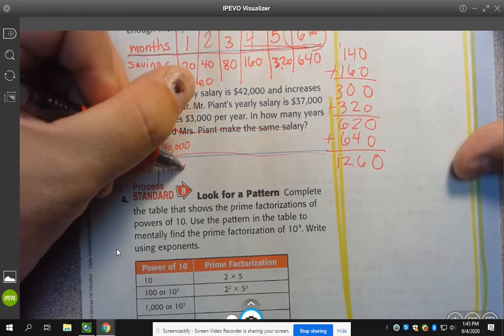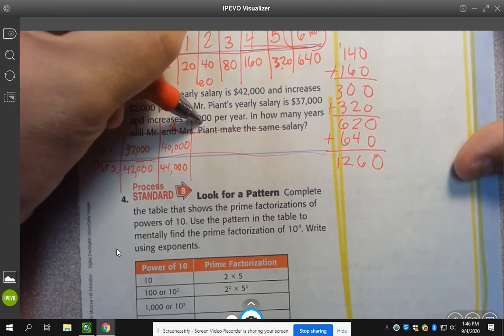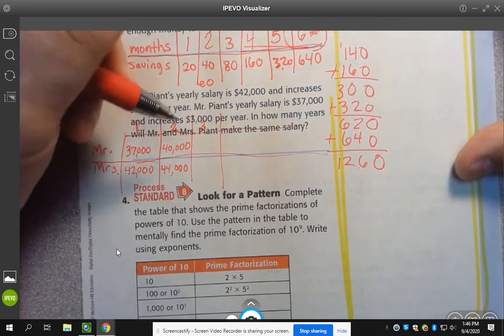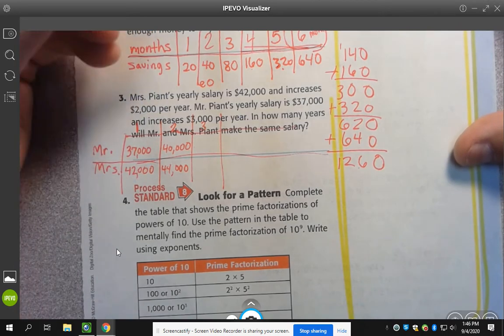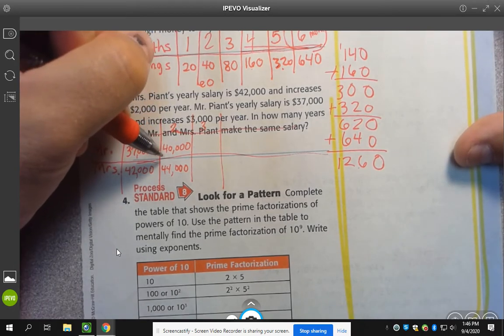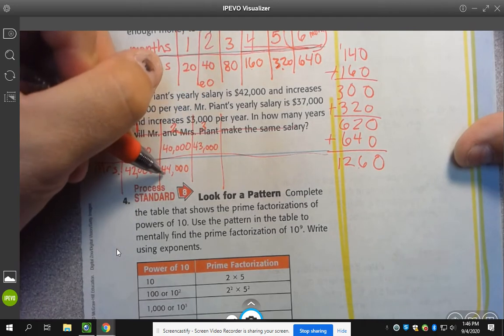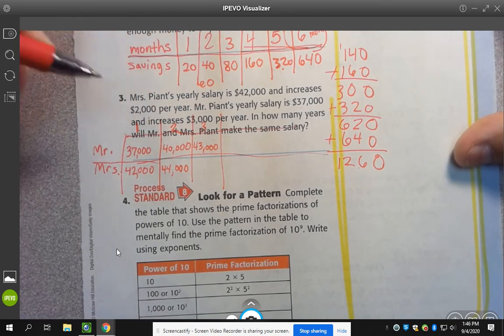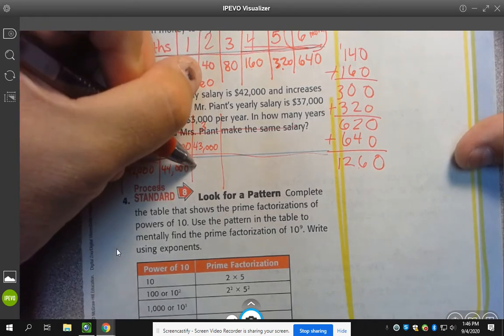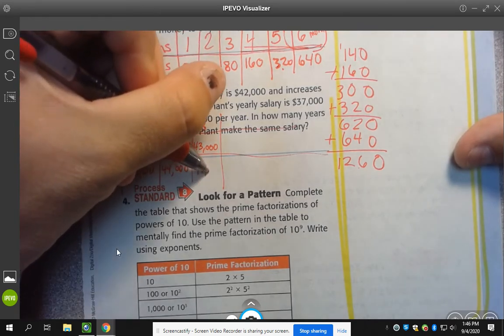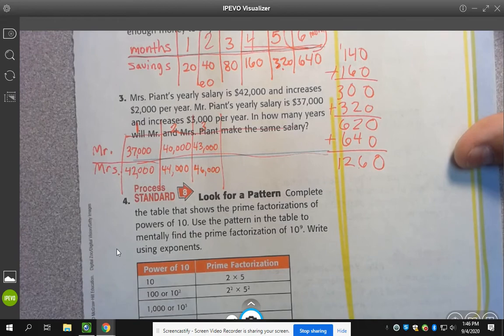They're not the same, are they? Let's do a third year here. Year 3. Again, he goes up by how much? So what's 40 plus 3,000? 43,000. And what's 44,000 plus, what she got, 2,000? 46,000. It's not even yet, is it?